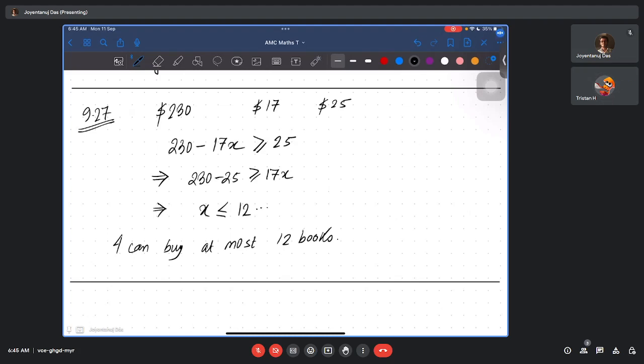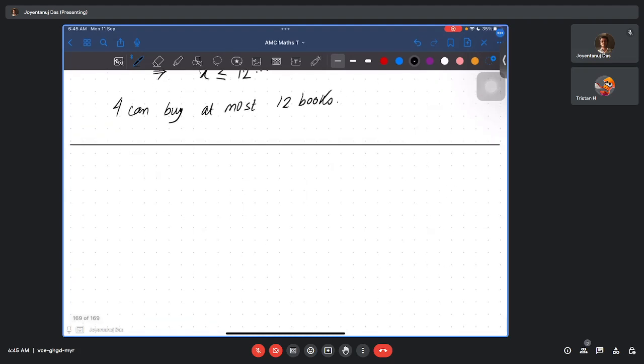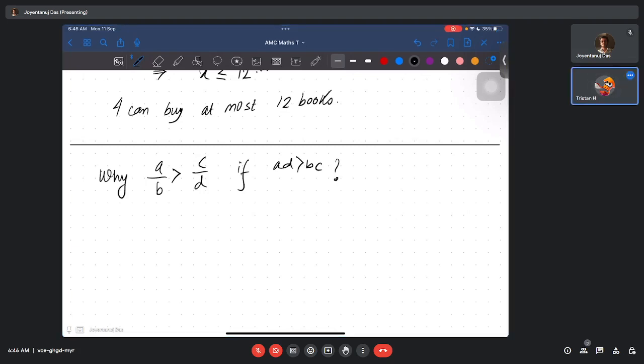In the last line, if I have two positive fractions a by b and c by d, then a by b is greater than c by d if ad is greater than bc, because if you divide both sides of the inequality by bd, you can find the inequality a over b is greater than c over d.